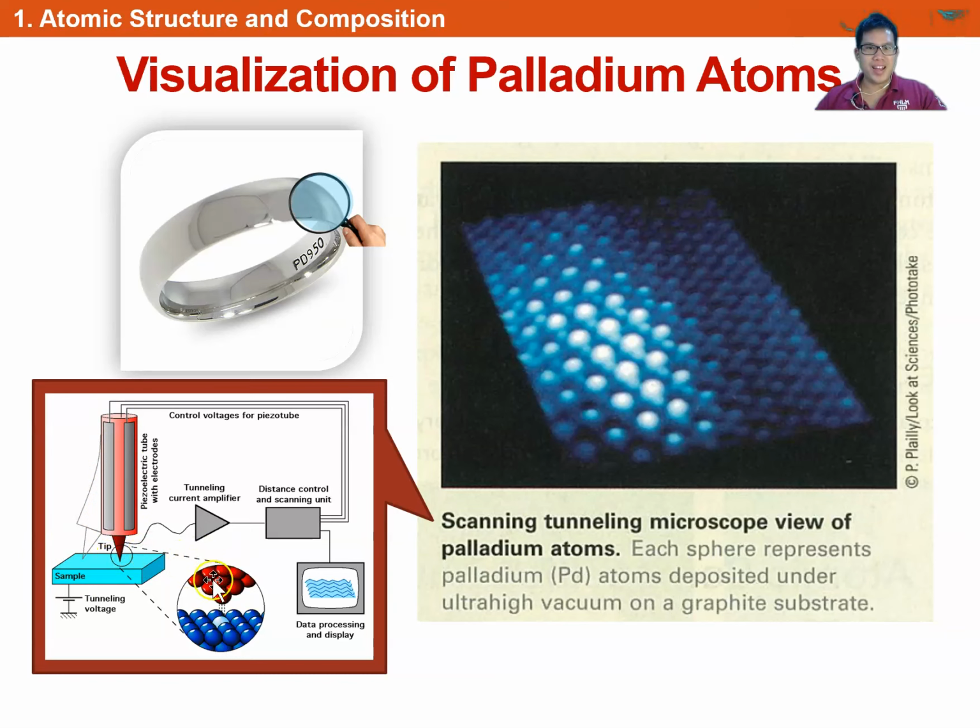This is a surface of palladium, commonly used to make wedding rings. When they scan through, they can see little bumps here. Each and every one of these bumps is one atom.